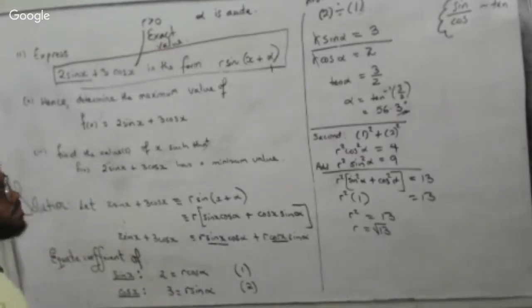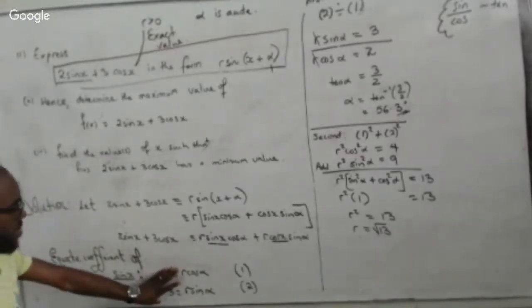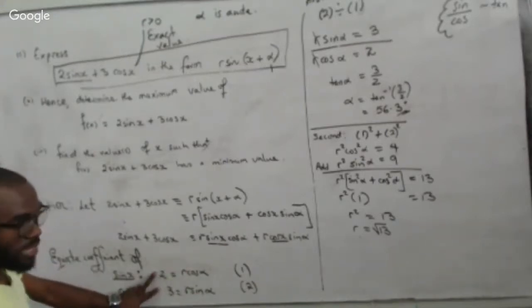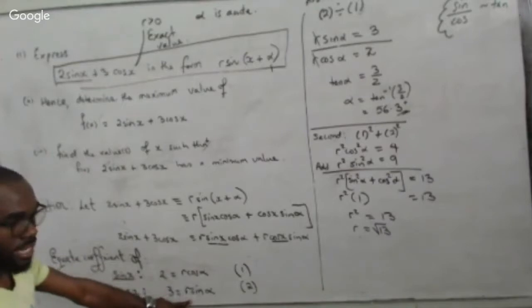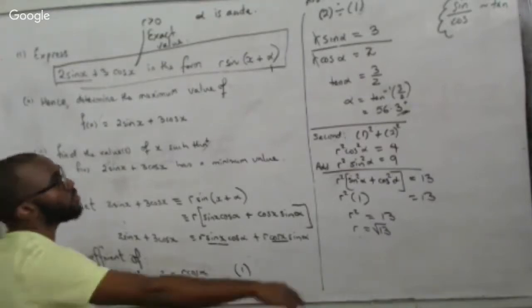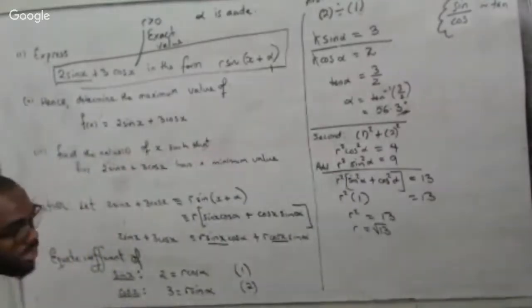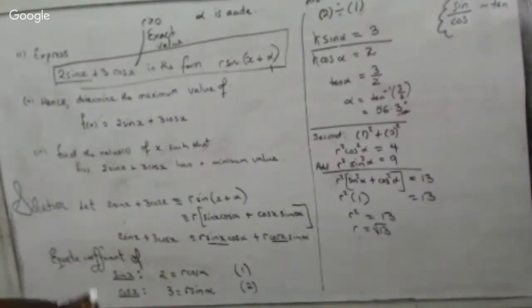Having equated, I would always get an equation with cosine and sine. I need to put the equation with the sine up top and the equation with the cosine down south so that I can get sine upon cosine all the time.